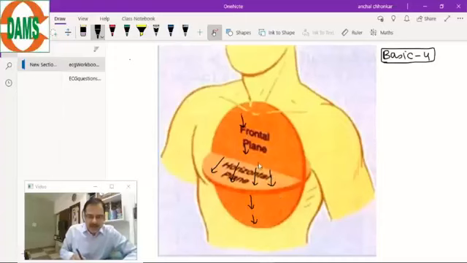Second, the current also moves from the endocardium to the epicardium, as you can see here. This travels in a horizontal plane. So one plane is a vertical plane, the second is a horizontal plane.